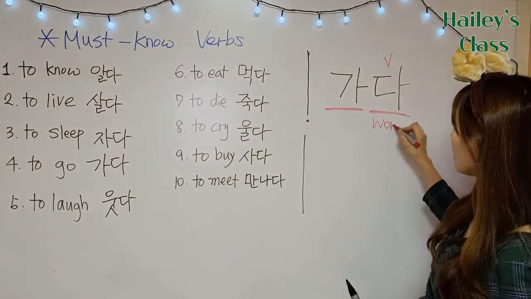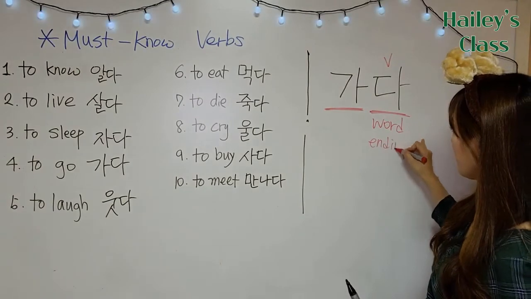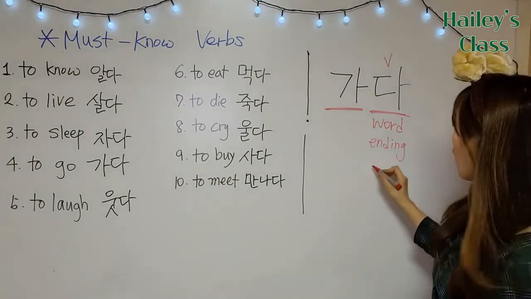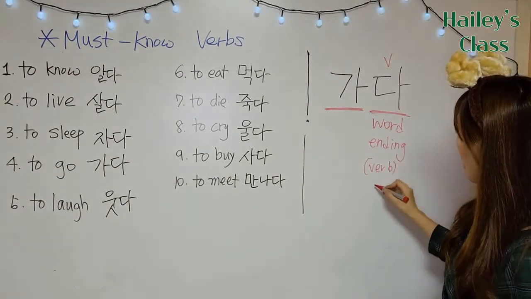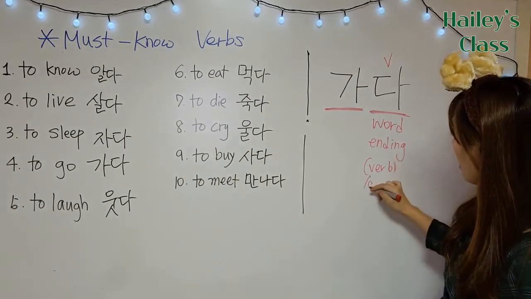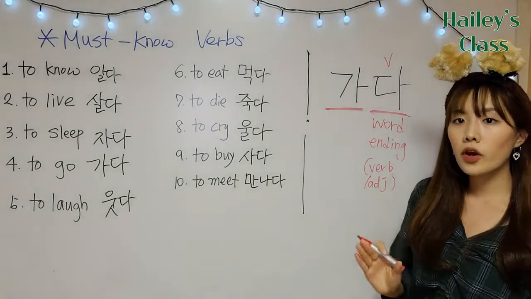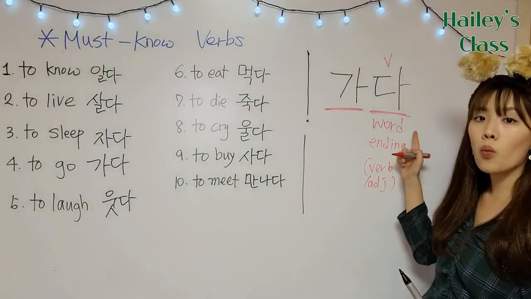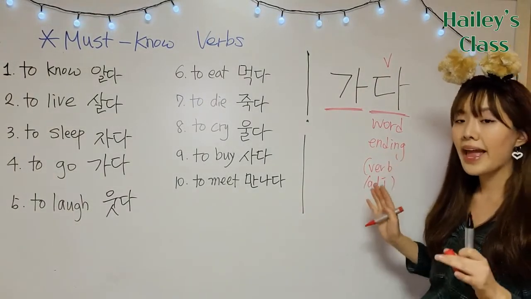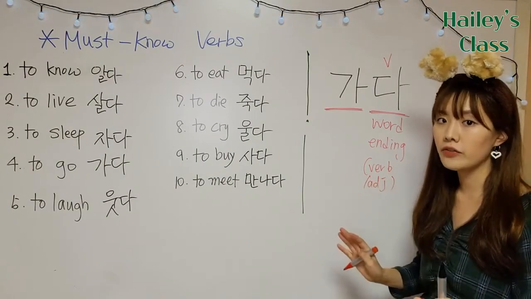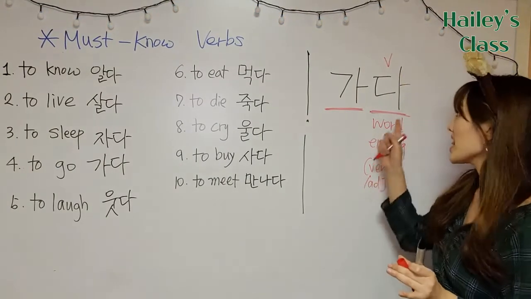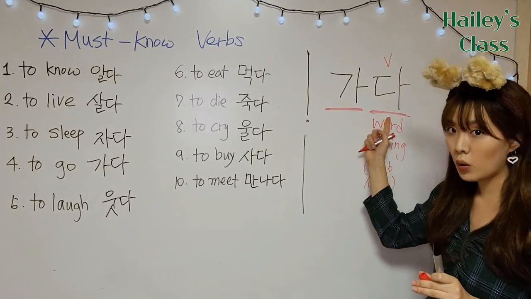This is the word ending. So it's a rule: every verb and adjective ends with 다, okay?